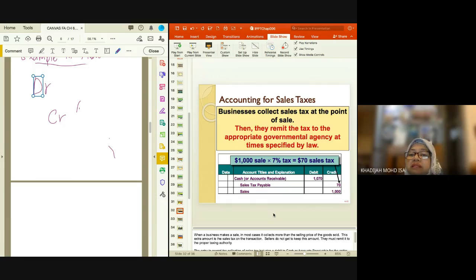So whenever there's a sale that involves sales tax, you have to take it into account. In this case, even though your selling price or your sales is 1,000, what you receive is 1,070. Either you receive cash or the customer will pay you later.